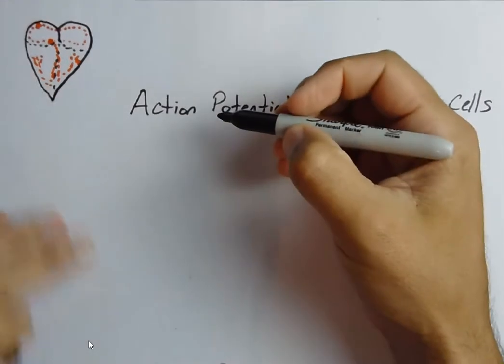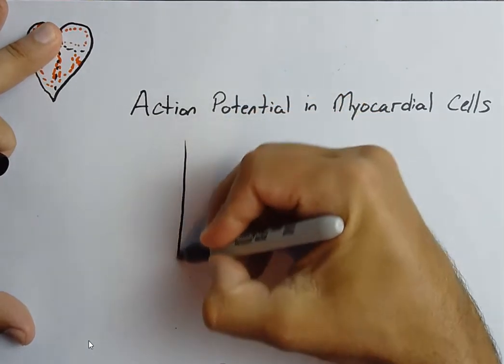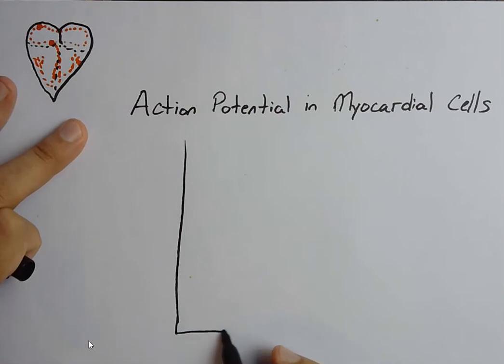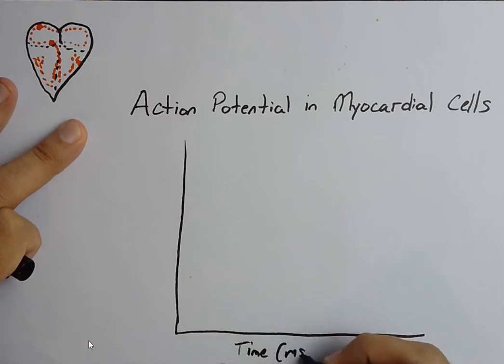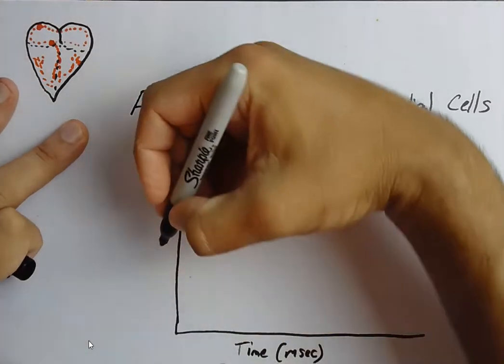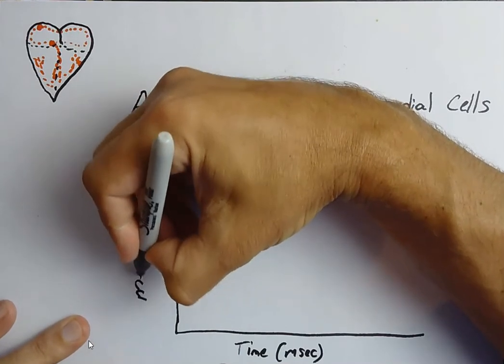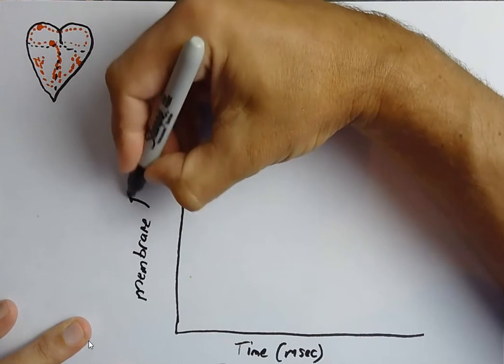So let's go ahead and draw out our graph and try to understand what's happening at each step of this action potential graph. We've got our X and Y axis. The X axis is always time in milliseconds. The Y axis, which I always try to write sideways here, is membrane potential.